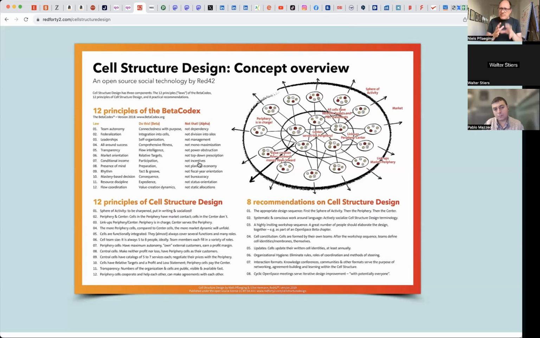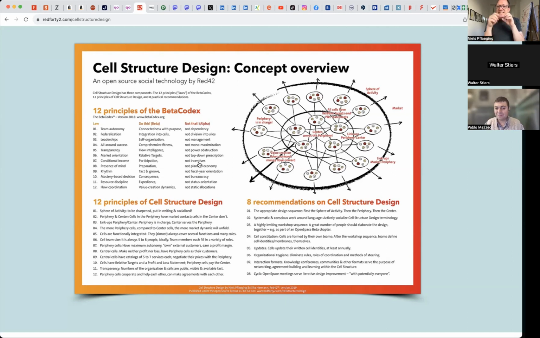Cells should have a limited amount of team members, let's say 5, 6, 7 people. If you have an organization of 100 people, you probably already have departments, and instead you should have periphery and center, cells in the periphery, cells in the center, and the periphery being in charge. So the bigger the organization, the more interesting this gets. And the very interesting stage starts at, let's say, 25, 30 people.